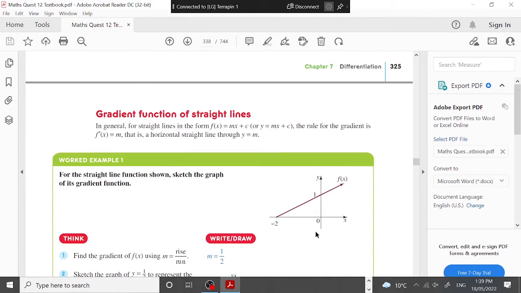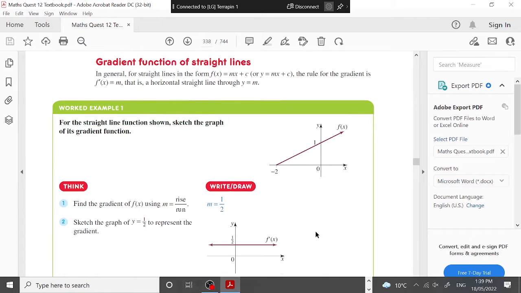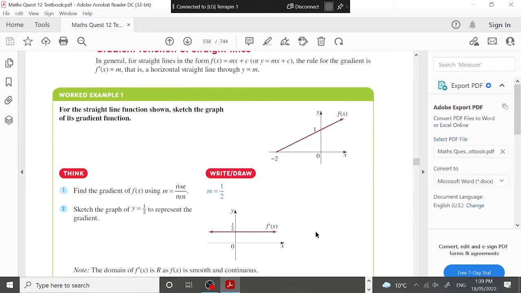In terms of drawing or sketching gradient functions, if you have a straight line function, then we can find an actual value to draw the gradient function. Here we have particular values of an x coordinate and a y coordinate, so we can find the gradient just using rise over run.